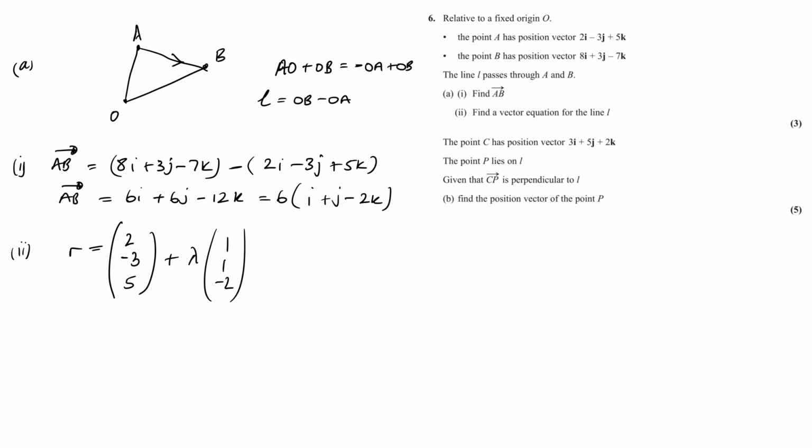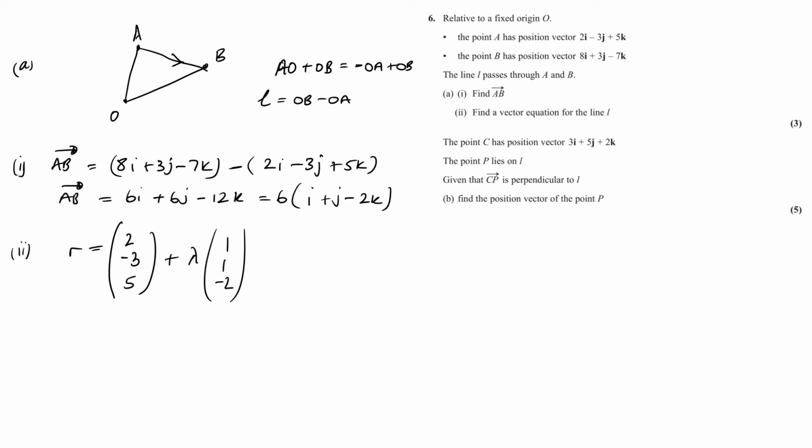Obviously, if you still kept 6, 6, and minus 12 here, that would be perfectly correct. The examiner would follow through. You'd have a different value for this later in the question. But that's about it. It's just multiples of this, and that'll be fine. But it's easier to take the highest common factor out to make this smaller, to make it easier to do.